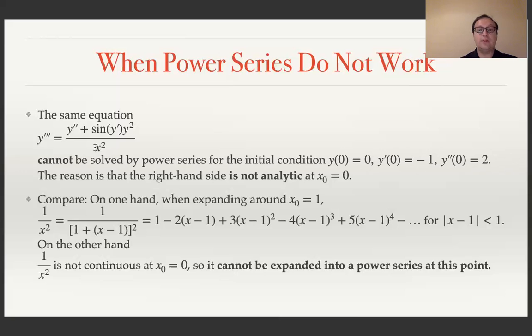And analytic functions are continuous, so this fraction, this pretty complicated expression, is not analytic at our starting point. Therefore, we cannot solve this equation by power series for this initial condition.